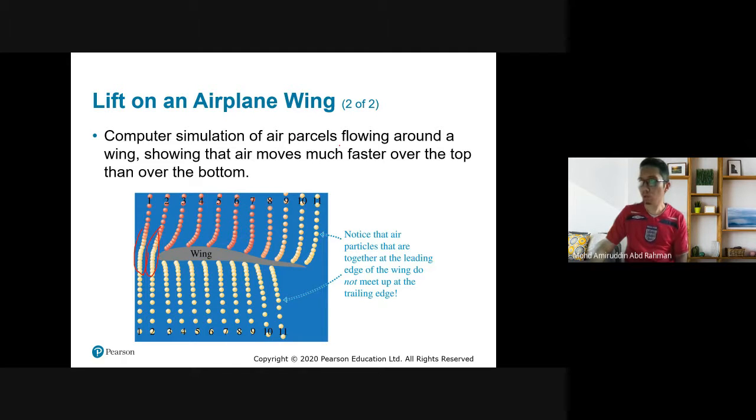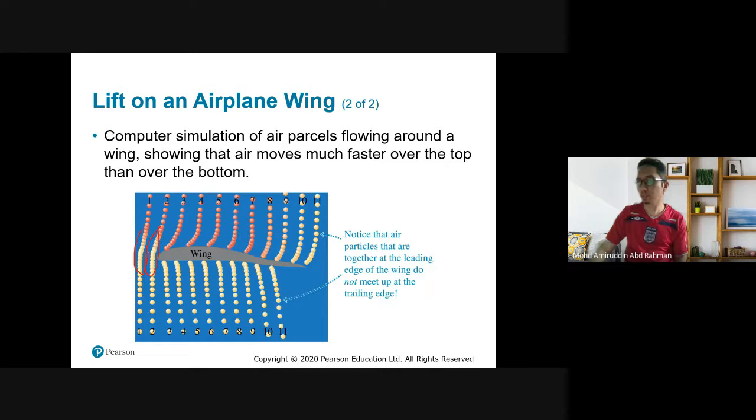It shows that when air flows around a wing, the air moves much faster over the top compared to the bottom, right?